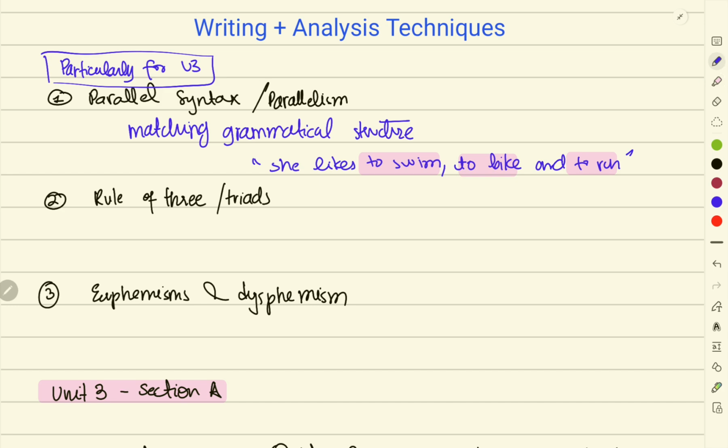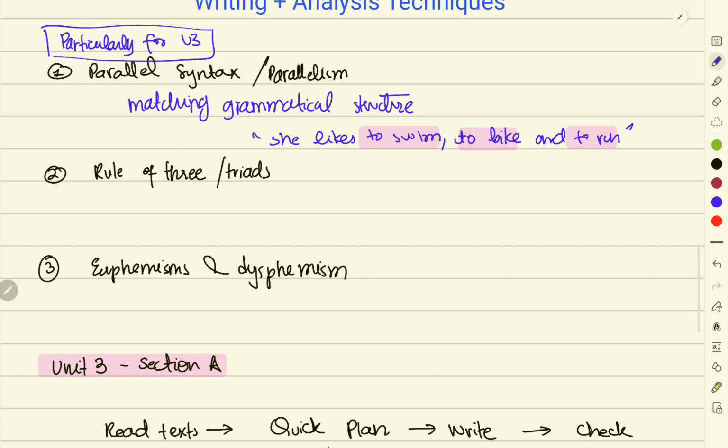Then we move on to the rule of three, which is also known as triads. It's very similar. You might think parallel syntax and the rule of three are the same thing, but they're not. With the rule of three, you're using three elements for emphasis. You use three similar words. It's the rule of three, so it cannot be more than this. But in parallel syntax, I could just include another one here. So there's no set rule when you talk about parallel syntax.